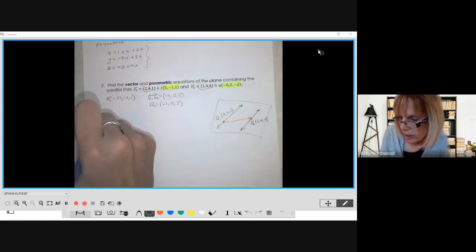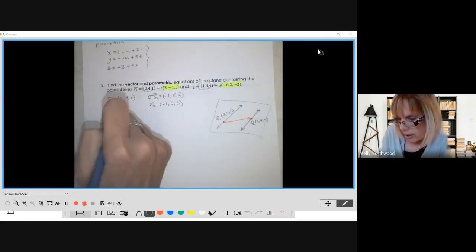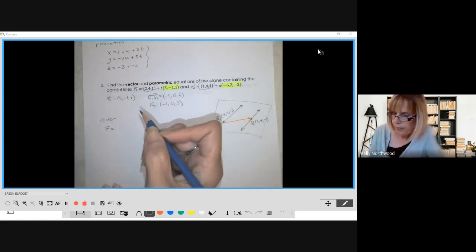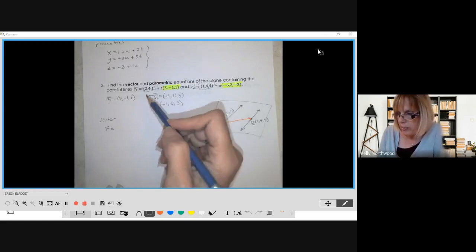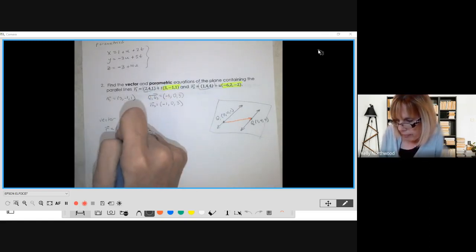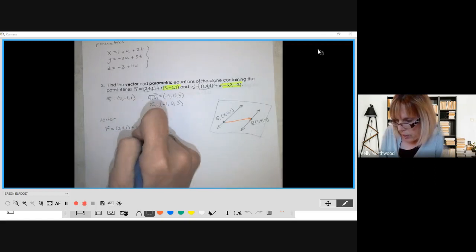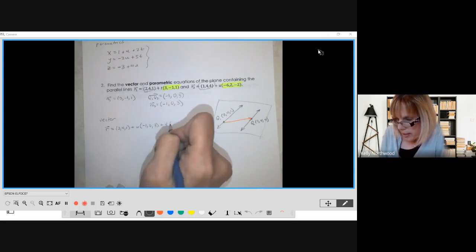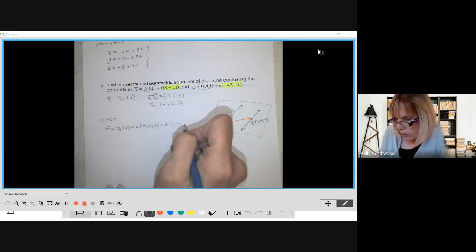So my vector equation is going to be R equals, so the vector from 0, 0, 0 to 2, 4, 1 is 2, 4, 1 plus U times -1, 0, 3 plus T times 3, -1, 1.